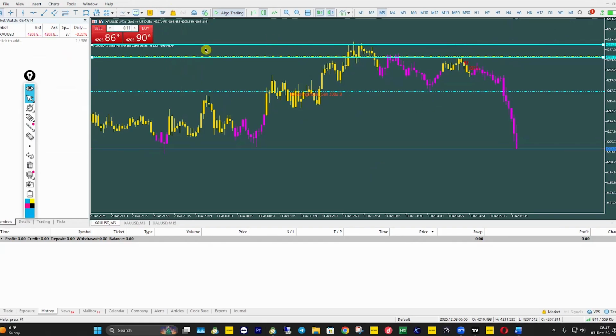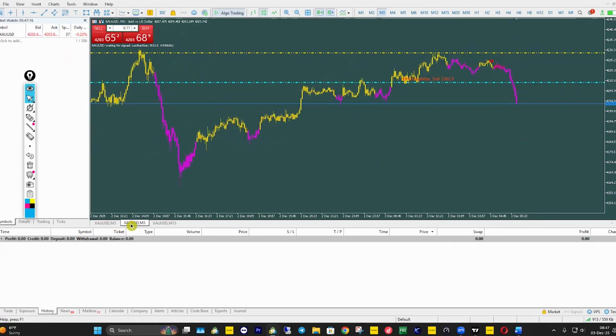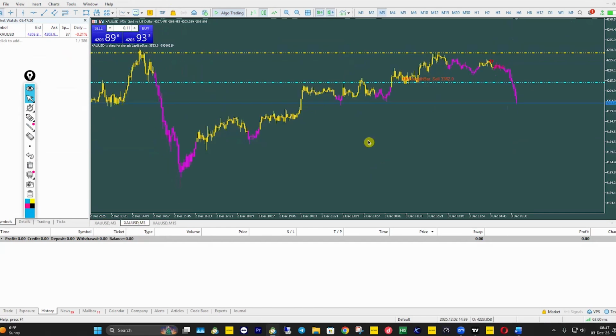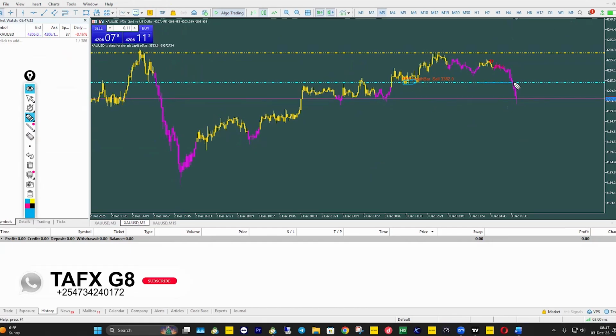So guys, I think now you have seen how simple things are. If this stands for what I have already explained to you, you will no longer struggle to know whether there is a change of character here, because now there is a change of character from uptrend to downtrend.